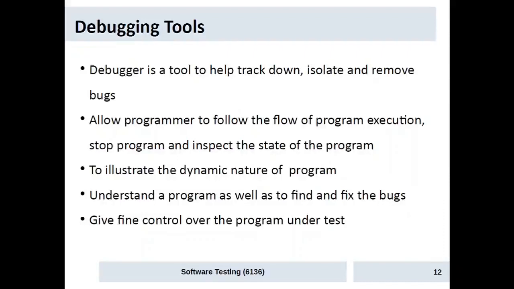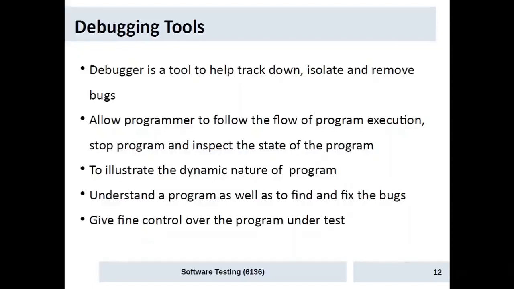Tools allow the programmer to follow the flow of program execution, and it allows the programmer to inspect the variables or conditions or the state of the program in order to verify its correctness, and thus he will be able to understand the program so as to find and fix the bugs.